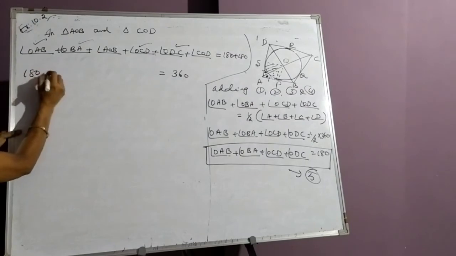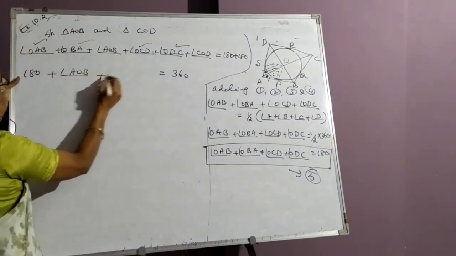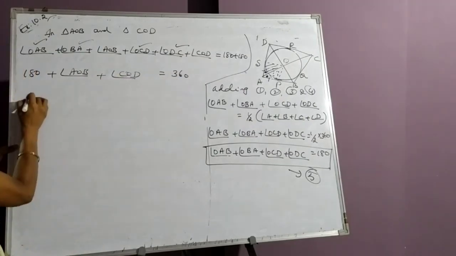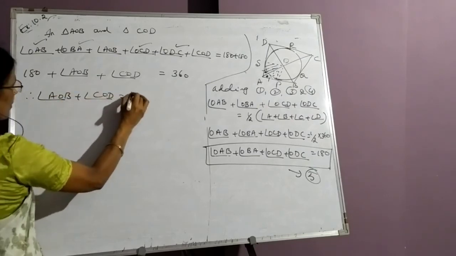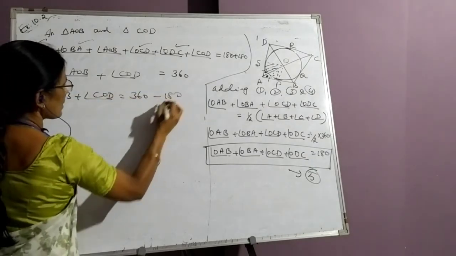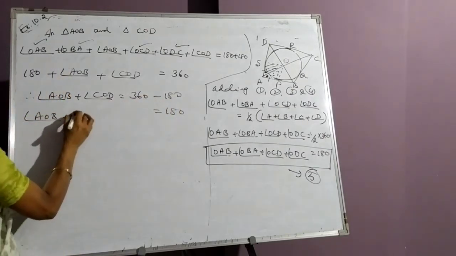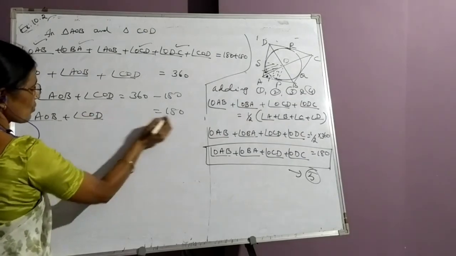So 180 plus, the angles left over here, AOB and angle COD, is equal to 360. Therefore, angle AOB plus angle COD equals 360 minus 180, which is equal to 180. So we got one of the results, AOB plus COD is equal to 180.